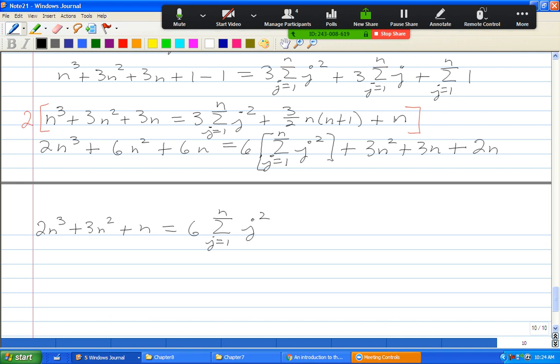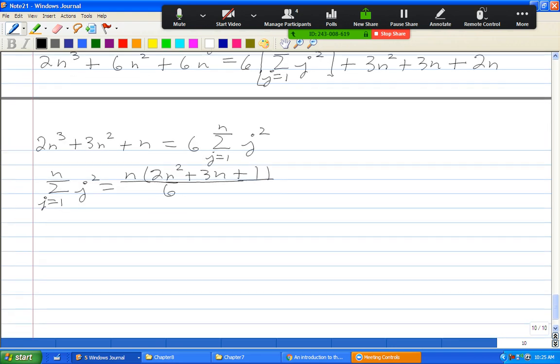So I can divide by 6. That says the sum j equaling 1 to n of j squared is equal to, let's just divide by 6. I can factor an n out of this, so it's n times 2n squared plus 3n plus 1.